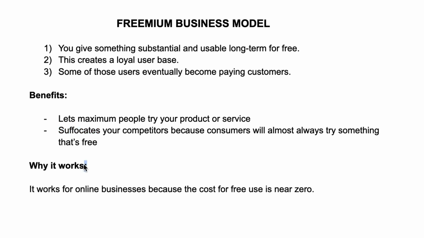Now, let's talk a little bit about why it works. It works online for the most part, not only, but mostly, because the cost of online products is nearly free. For example, when you make a software, there's nearly zero cost to give it to a second person, a third person, a millionth person.